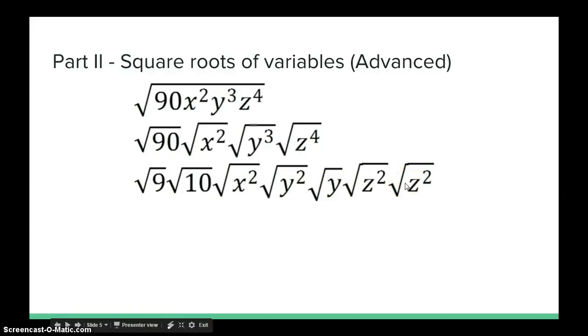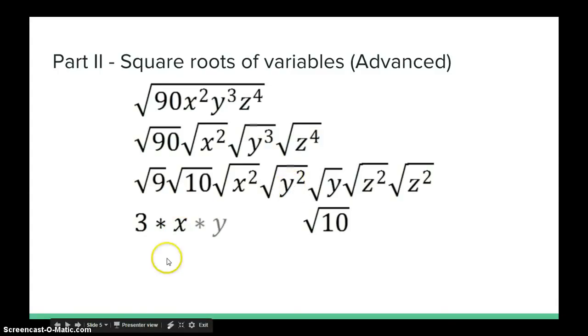If you can get to this point, the rest is relatively easy, because now I just have to simplify each perfect square. So the square root of 9 becomes 3, and since there's nothing else I can do with the square root of 10, that just stays as the square root of 10. You'll see why it's spaced like that in a moment. The square root of x squared is just x, so that's going to come up front. Nothing left after the x's.